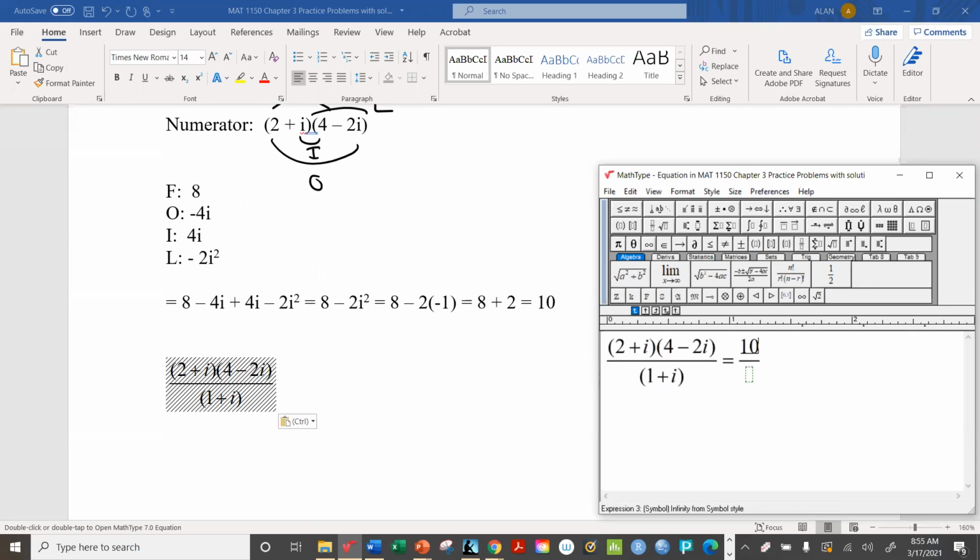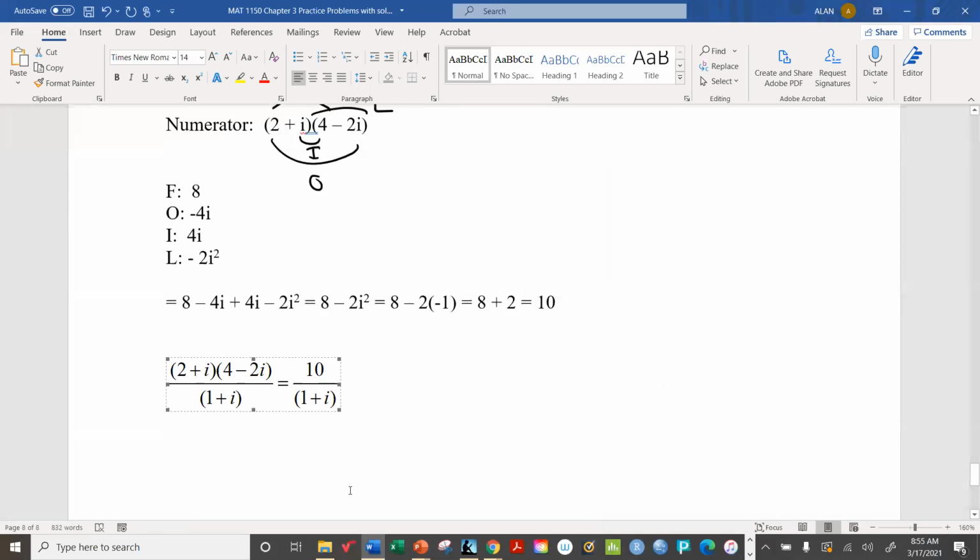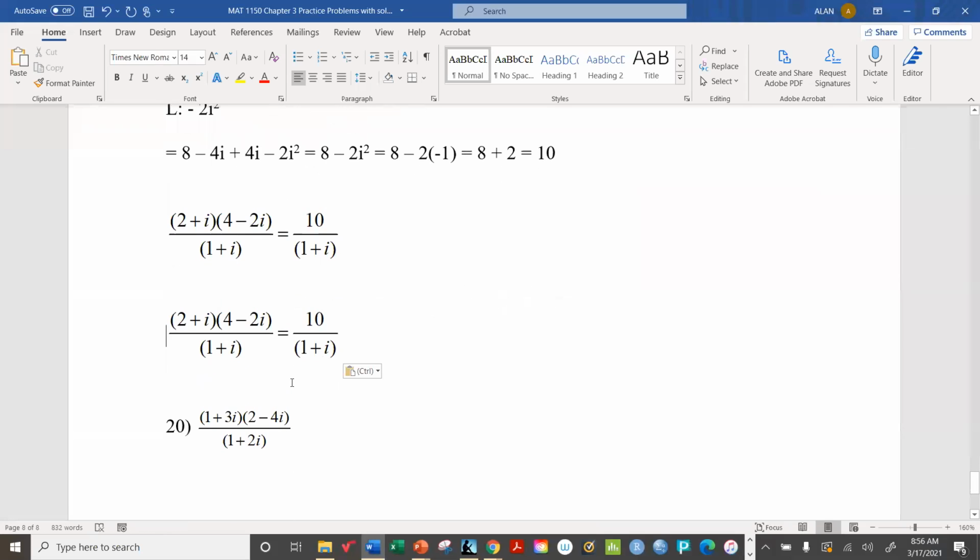Now, the next step is then to multiply by the ratio of the complex conjugate in the denominator. Hold on one second. So that would be the next step. But you see, by multiplying out the numerator first, we really made things a lot simpler.